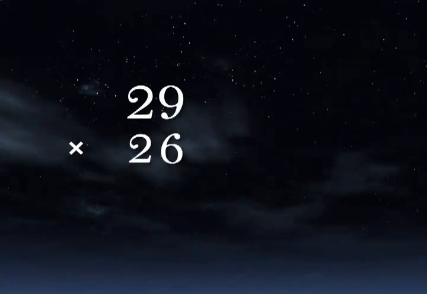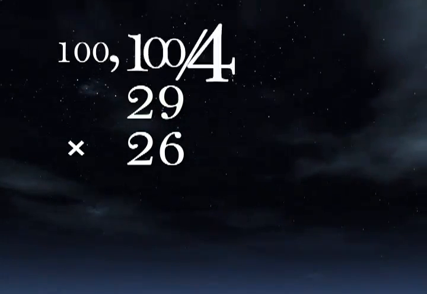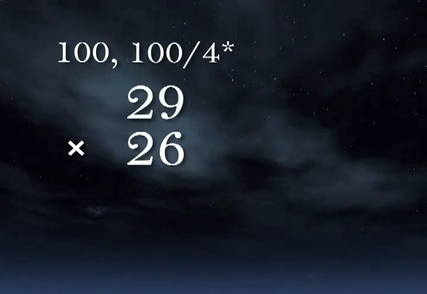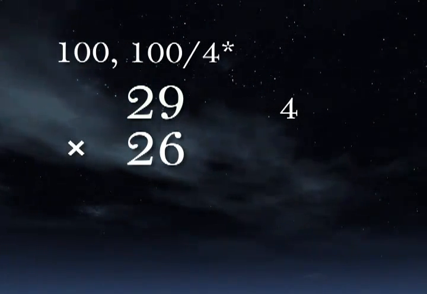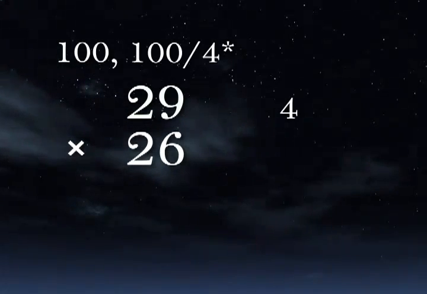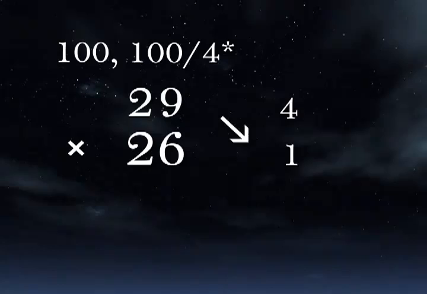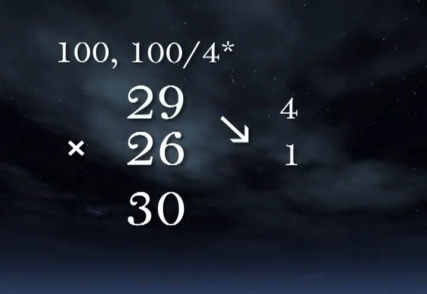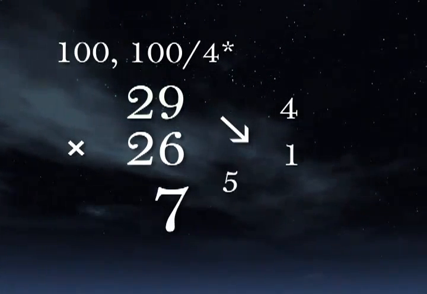Here's another one. Let's use actual base 100 and working base 100 divided by 4, which we know to be 25. 29 is 4 more than 25, so we write 4. 26 is 1 more, so we write 1. Working crosswise, 29 plus 1 is 30. Now we adjust the left side by dividing by 4. 30 divided by 4 is 7.5.